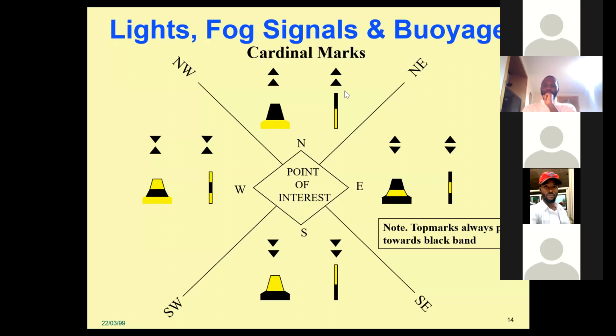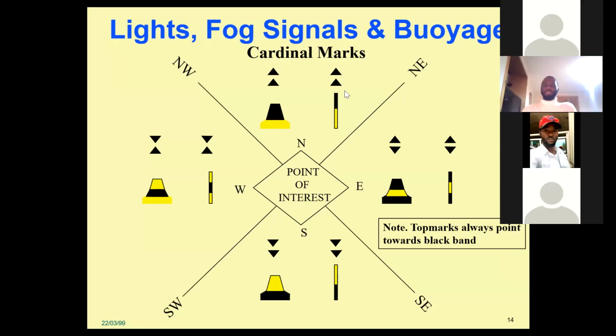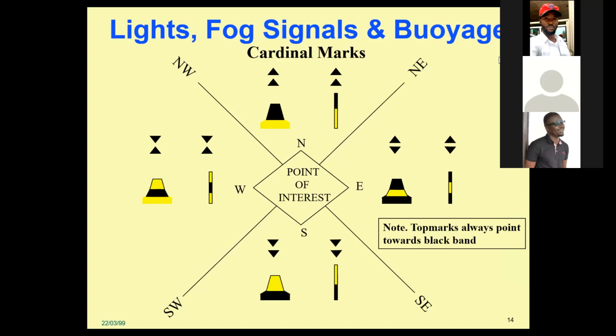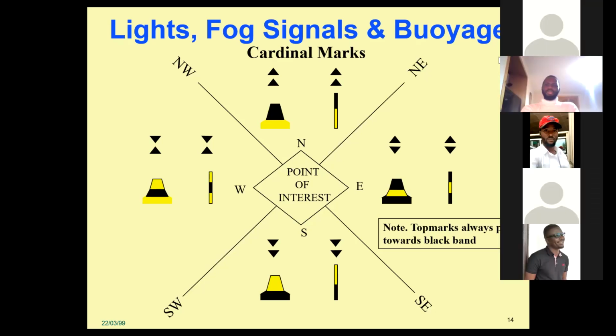You are coming from the southeast and you are sighting the North Cardinal Mark. My action is to alter my course to starboard, sir, so as not to pass the south of that buoy, sir.